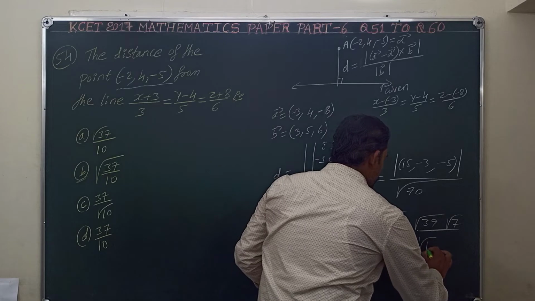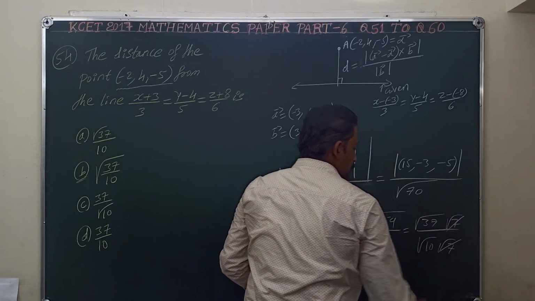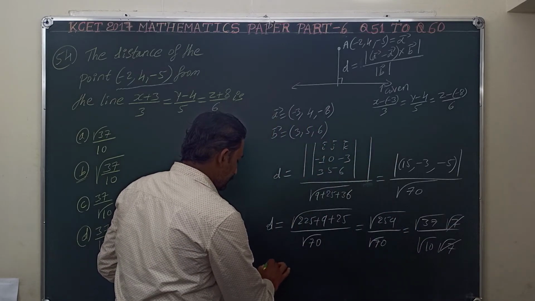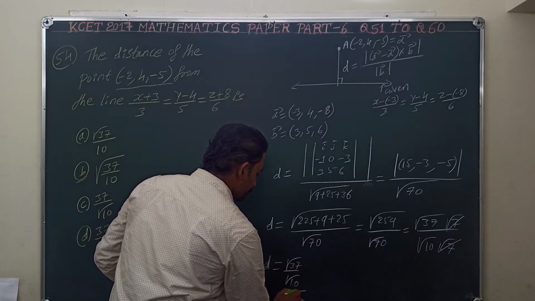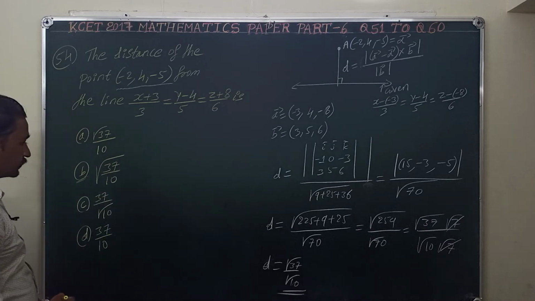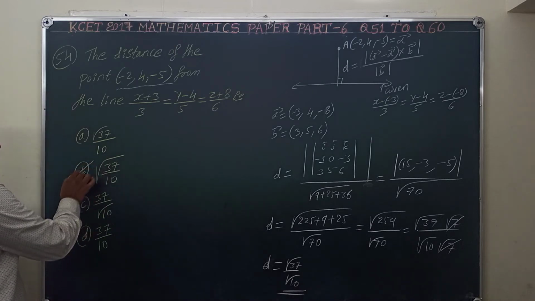So here it can be written as root 10 into root 7. Root 7 gets cancelled. D is equal to root 37 divided by root 10, which is the correct answer. So root 37 divided by root 10, nothing but option B, is correct.